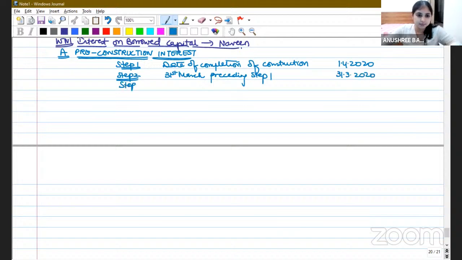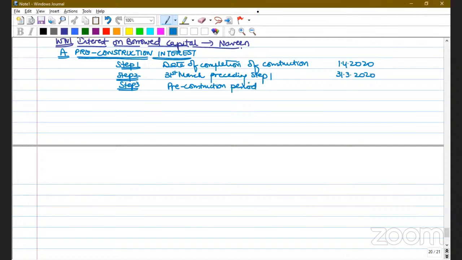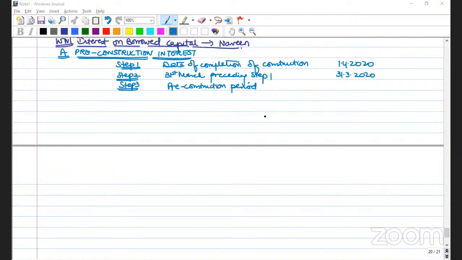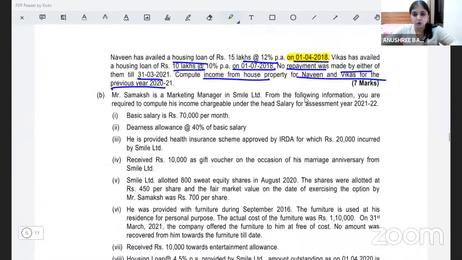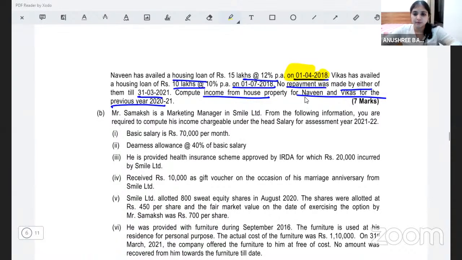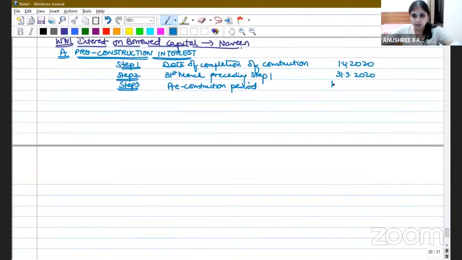Then step 3. Step 3 will be your pre-construction period. Now, what is a pre-construction period in this question? When did my assessee borrow the loan? He borrowed the loan on 1st April 2018.